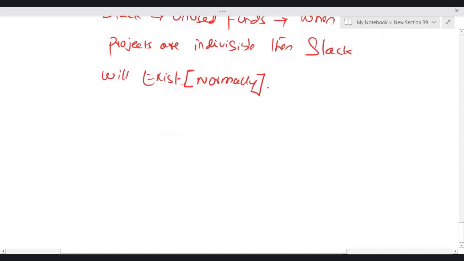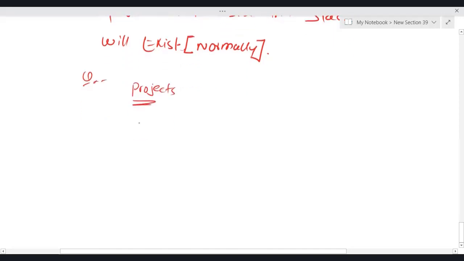Let's apply this on a very quick question. Investment, let's say 1 lakh, 150, 180.